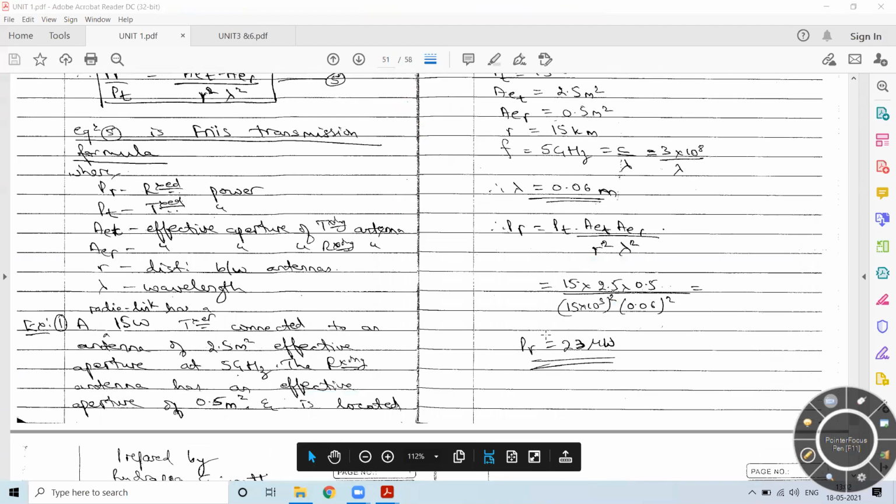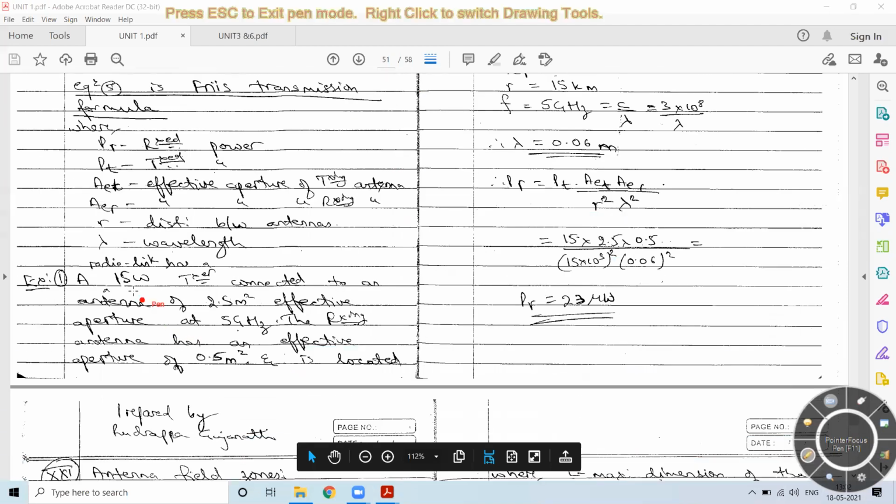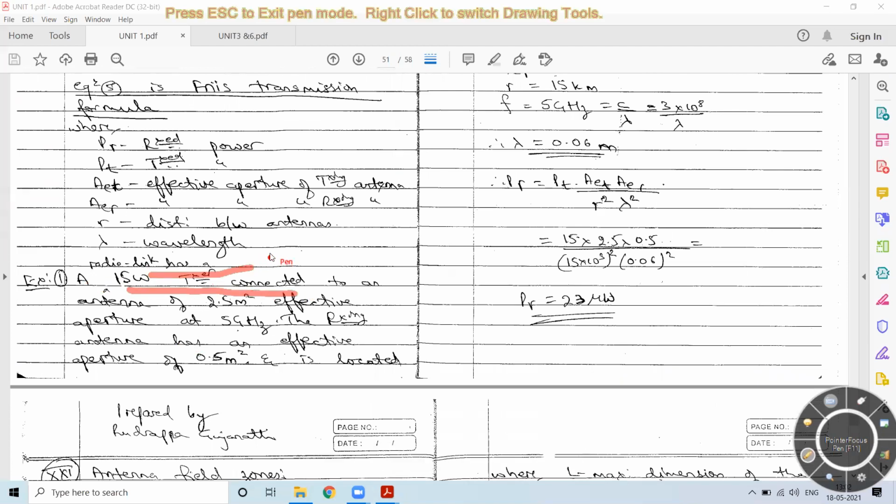Now let us see what parameters are specified in the problem. A radio link has a 15-watt transmitter. So 15 watt is the transmitted power, PT, connected to an antenna of 2.5 meter square effective aperture.